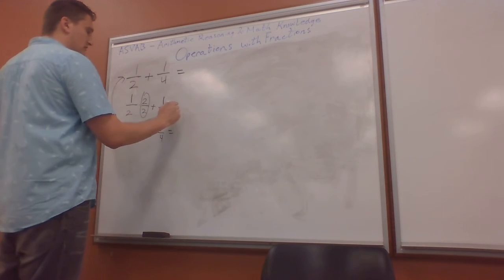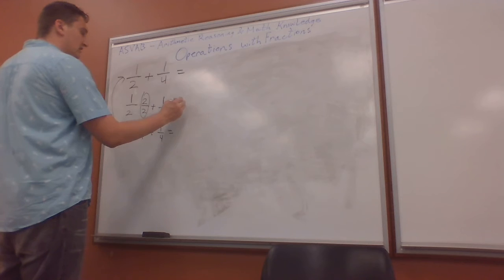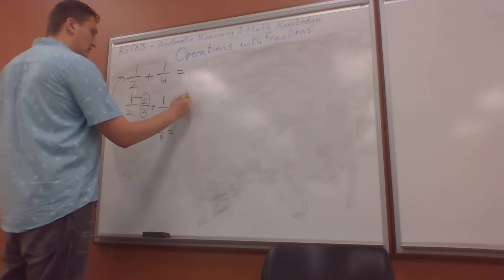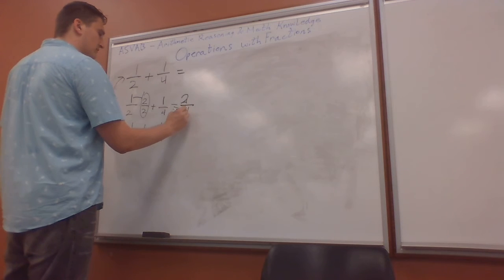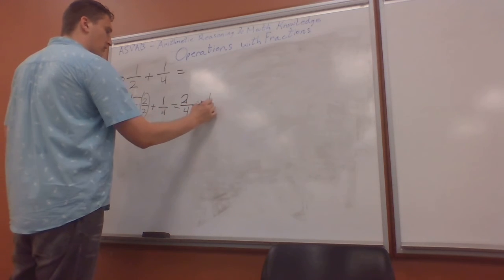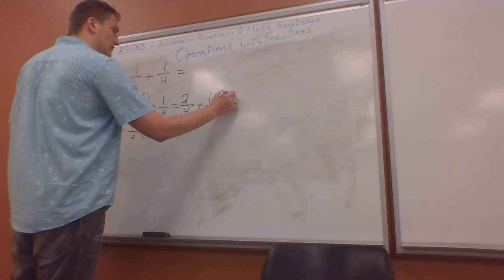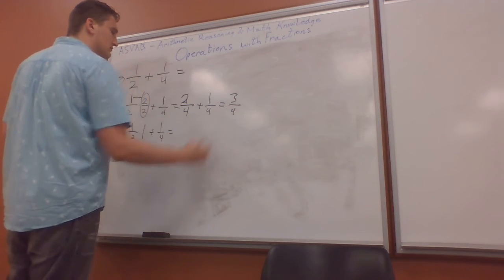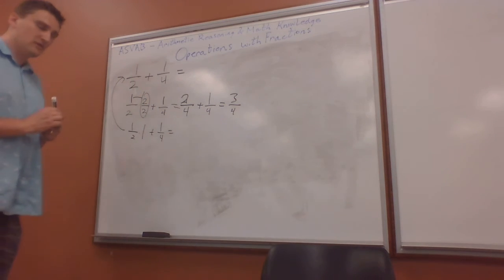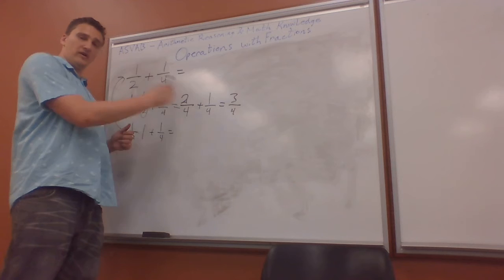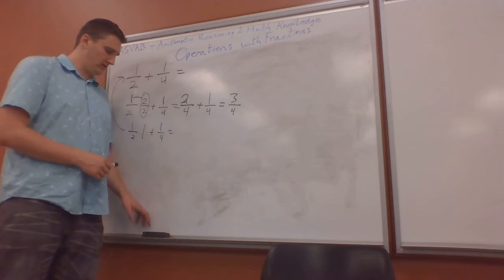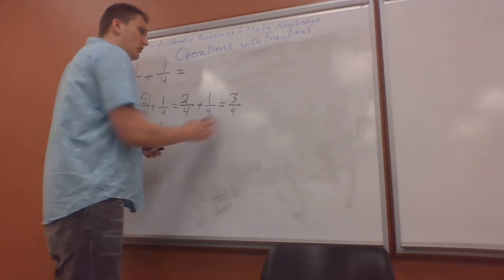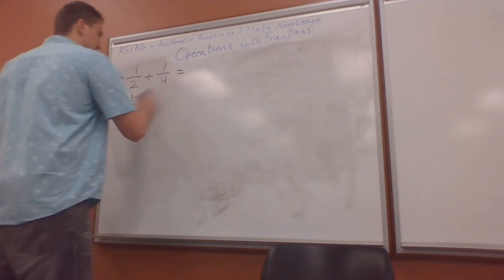So what this becomes, see, 1 times 2 is 2. 2 times 2 is 4. 2/4 plus 1/4. That'd be 3/4. So sometimes you can scale 1 up and get the denominator you need without changing the other one. One more example, and then I have some practice problems for you.